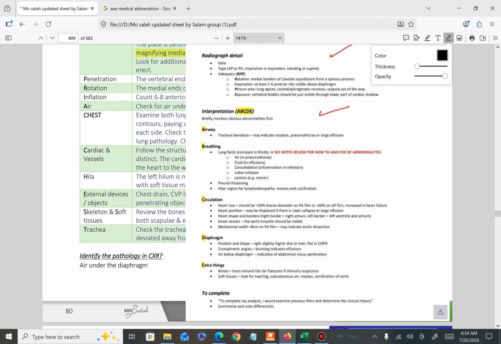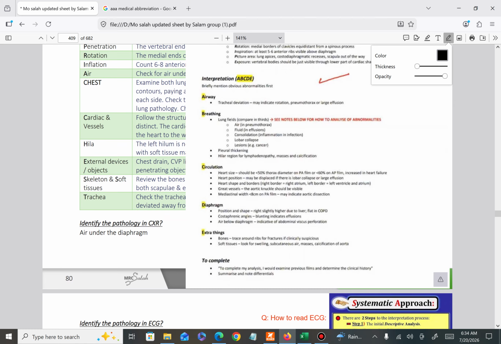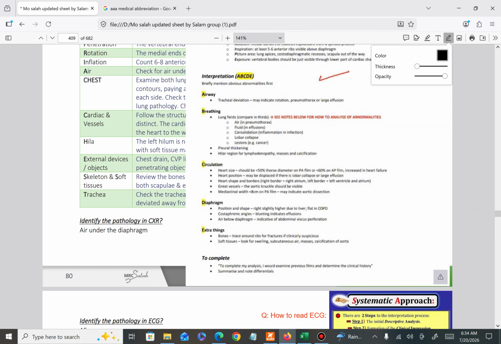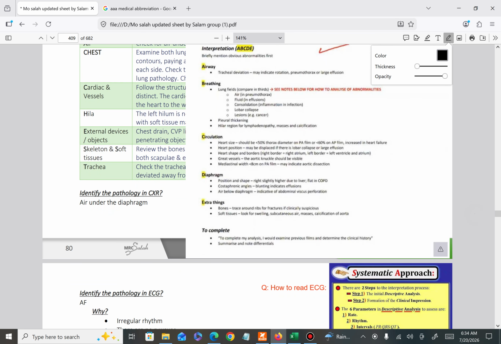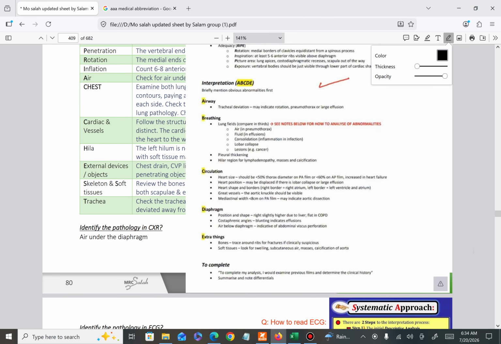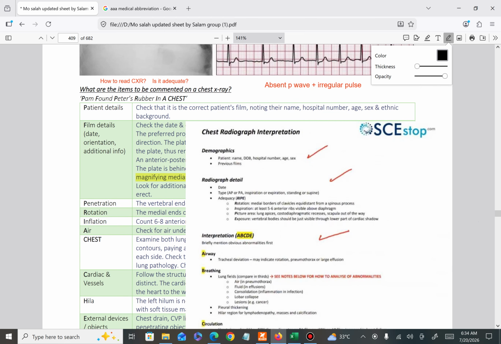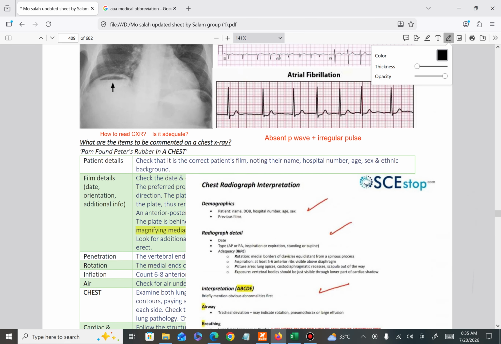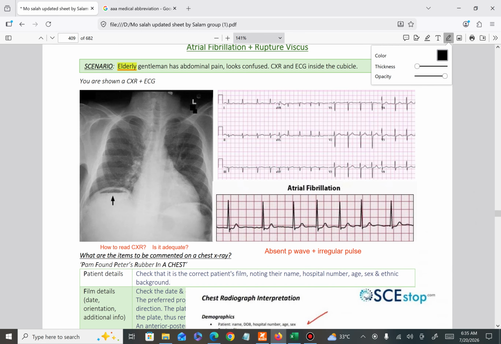Then circulation: we comment on heart size, position and shape, great vessels like the aortic knuckle, and mediastinal width. Then the diaphragm, the costophrenic angles, air below the diaphragm, and extras like bones and soft tissues. This is how we read the X-ray and check the adequacy.